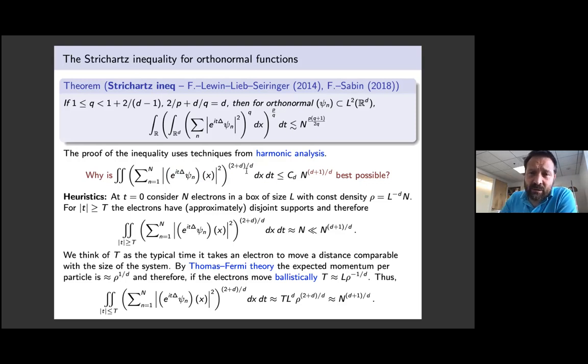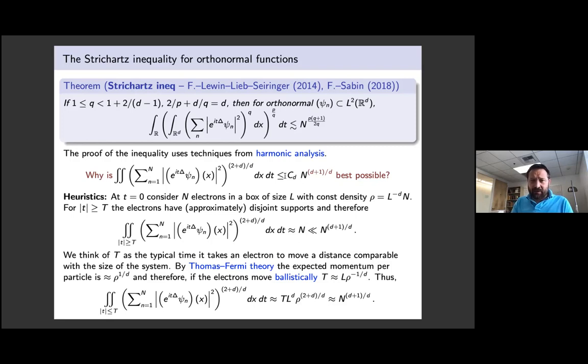So here's the heuristics, how we can create a state that achieves asymptotic equality in that inequality. What we want to do is at time 0, we consider n electrons in a box of size L with a constant density. Now, what we're saying is first, the inequality is only really interested up to a certain time t that we will compute in a second.